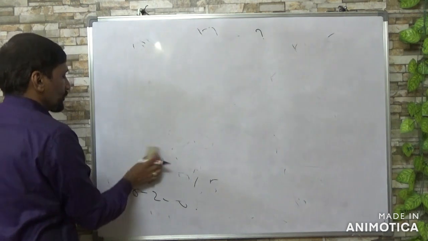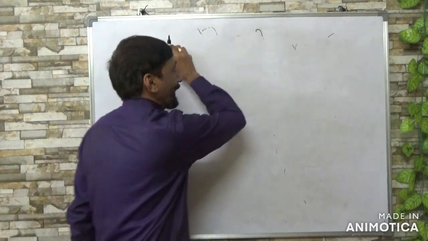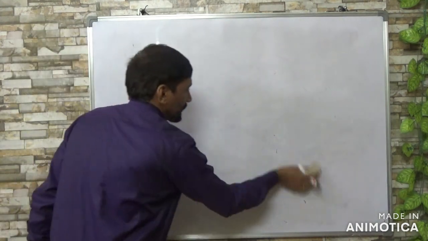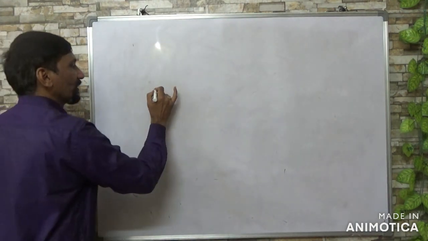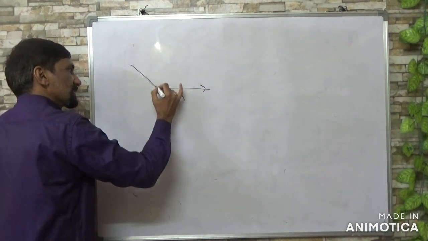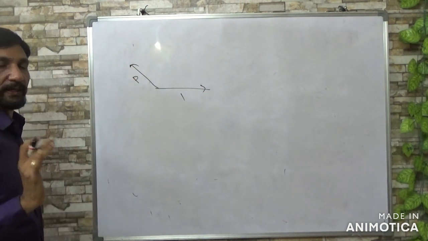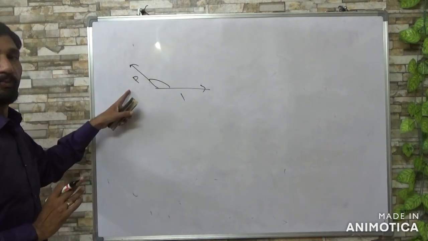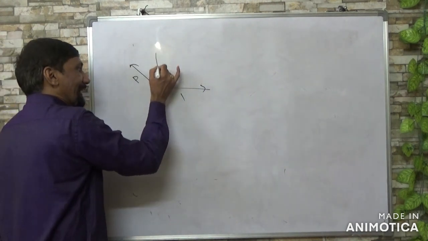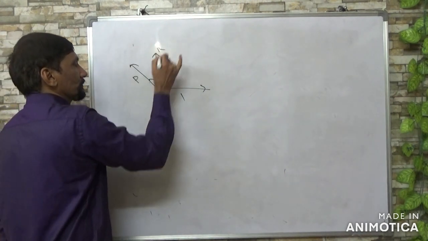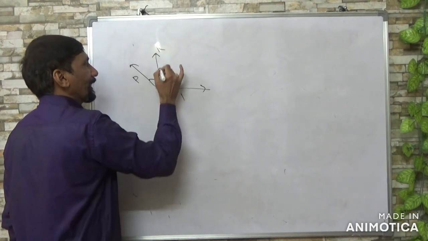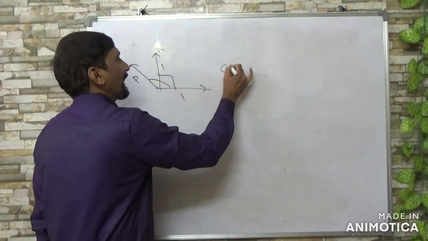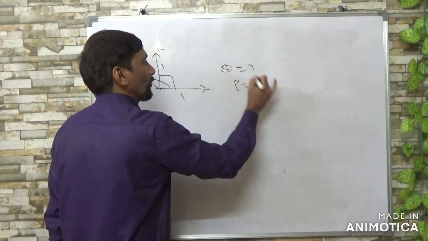Suppose you are given two vectors inclined at some angle, the angle not given. Say the magnitude of the first one is 1, and the other one is P, and the resultant is at right angle to 1 and has magnitude 1. You have to find the angle between them and the value of P.